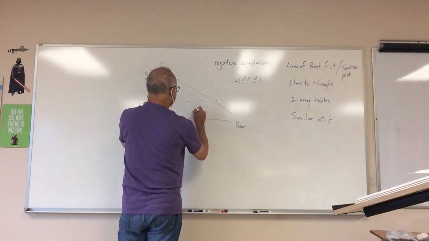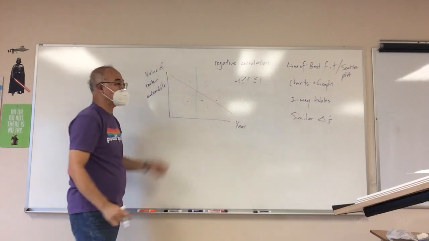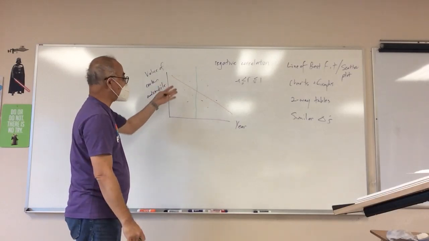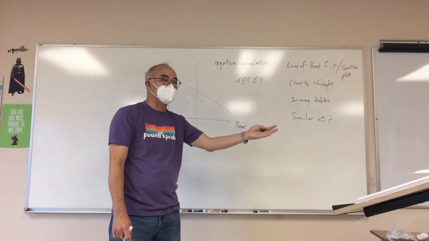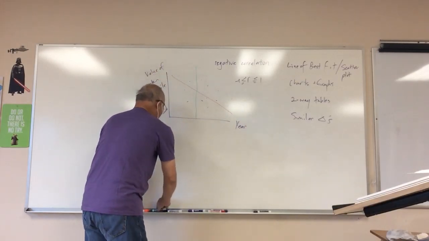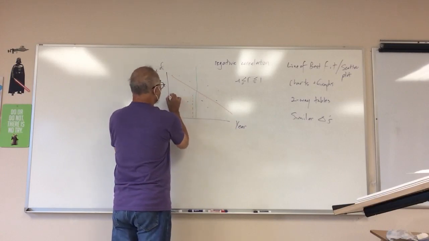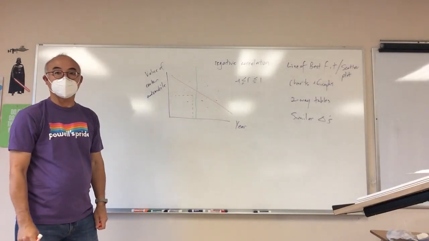This year, if I go straight up, see, I do not have a data point, right? I do not know what my value is. If I had a data point, I could just use that data and tell you at that certain year I know exactly what my car was worth, because I have a data point.